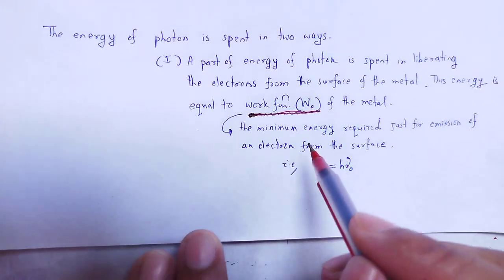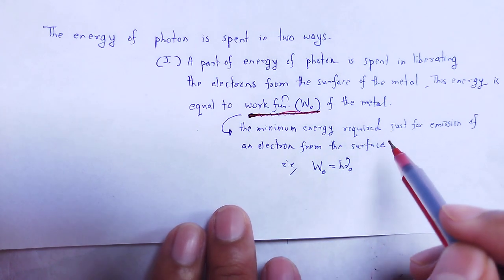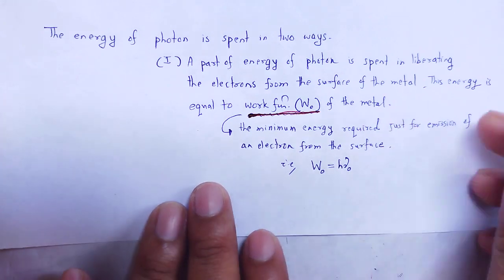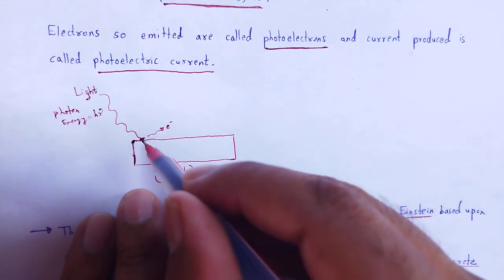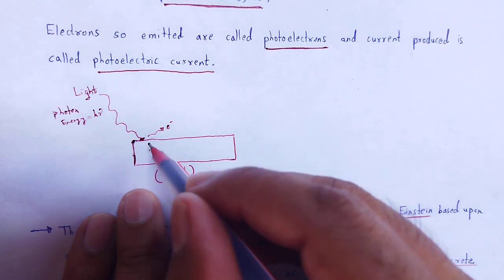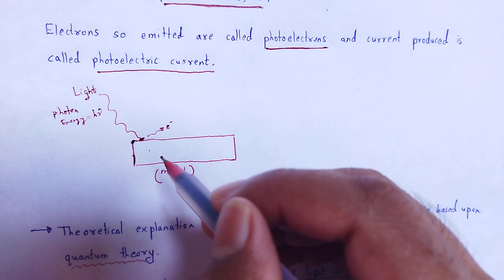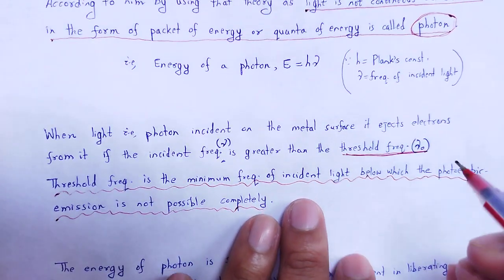The work function, denoted by W naught, is the minimum energy required just for emission of an electron from the surface. The minimum frequency required for emission of the electron from the surface is the threshold frequency, denoted by nu naught.